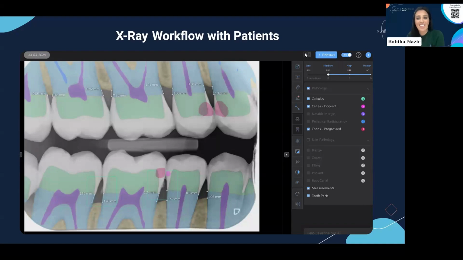So we have another question. How often does Pearl present a finding which you don't agree with? So I've found it depends on the quality of your X-rays really. I do find Pearl is really good, but where the patient's got crowding, or overlapping teeth, Pearl will sometimes do a false positive, and it'll say that there's decay there.